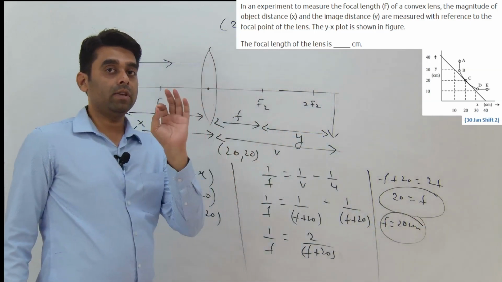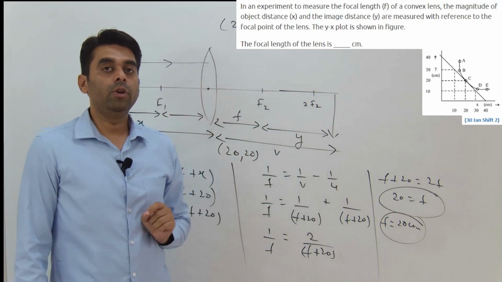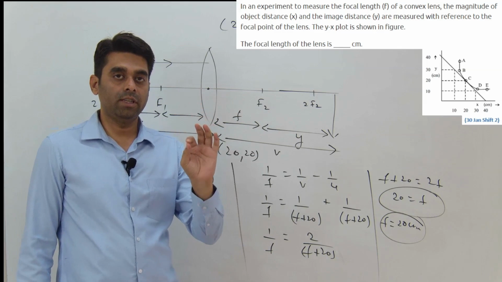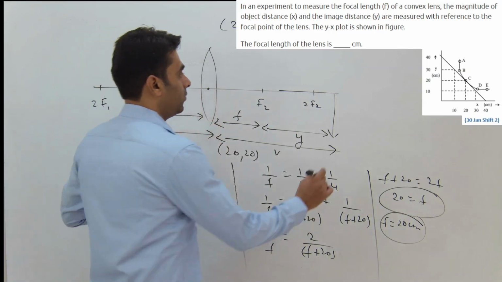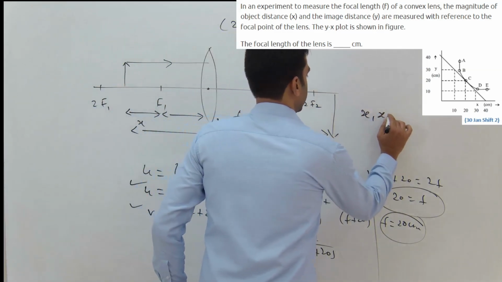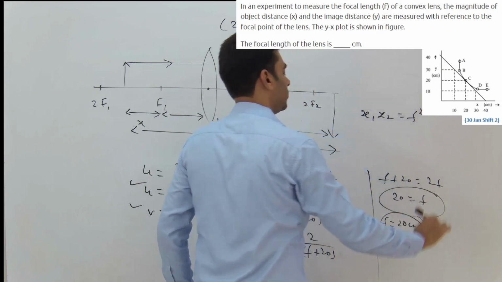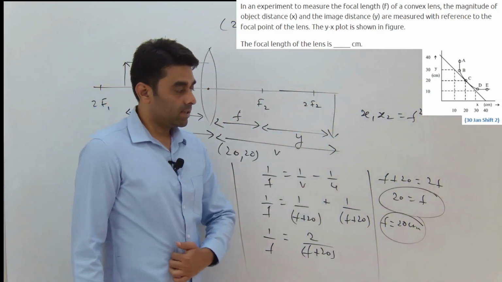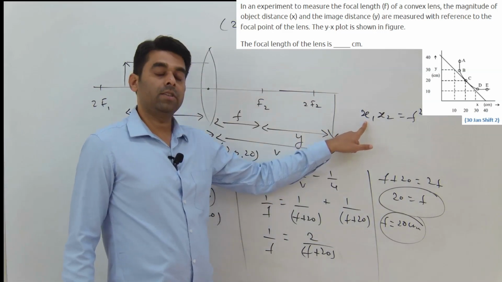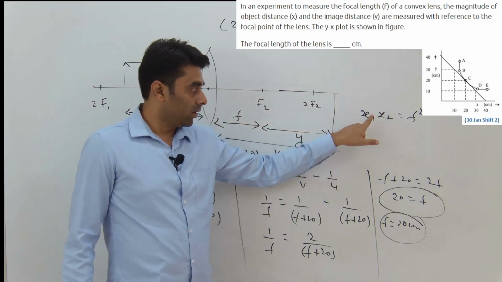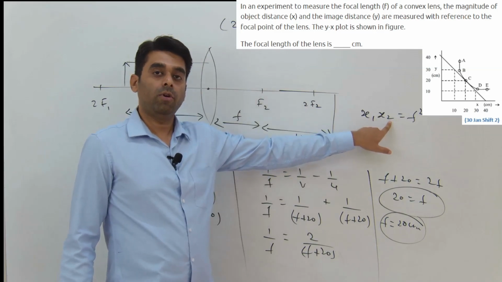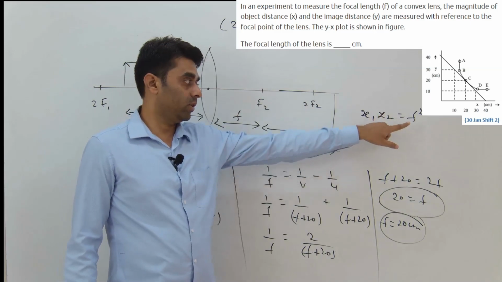Another way, if you know the relation: Newton's formula for lenses gives us the relation x1 x2 equals f square. X1 is the distance of the object measured from the focus, and x2 is the distance of the image measured from the focus. So x1 x2 equals f square.